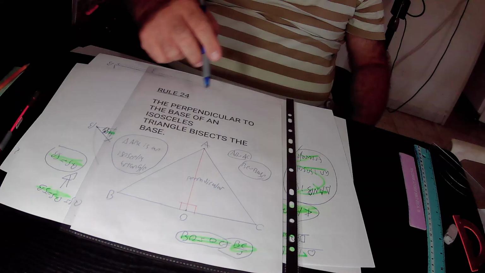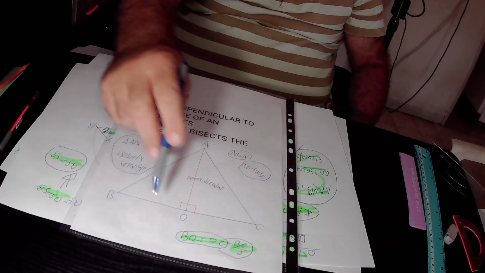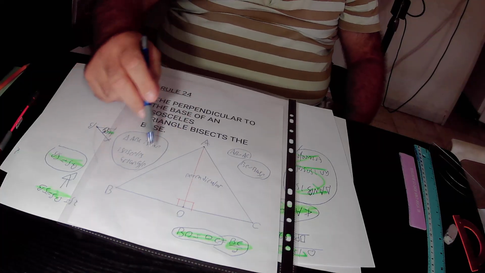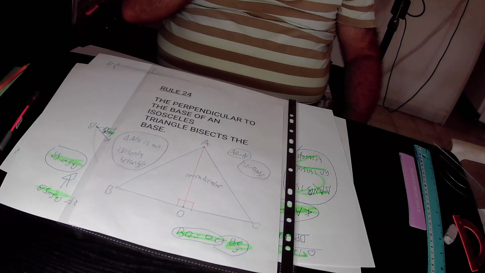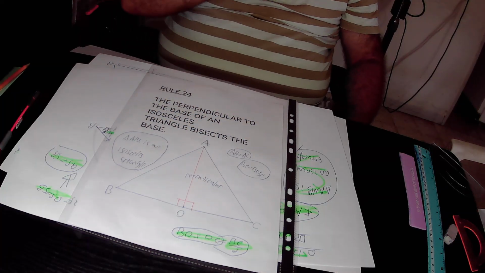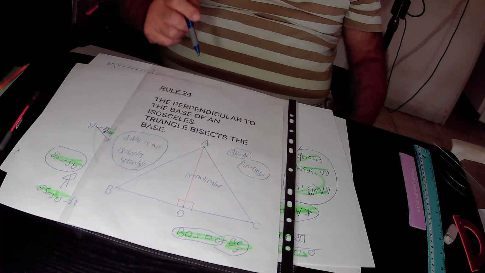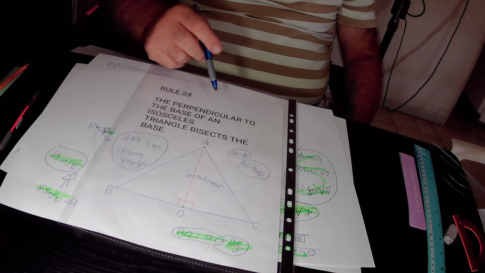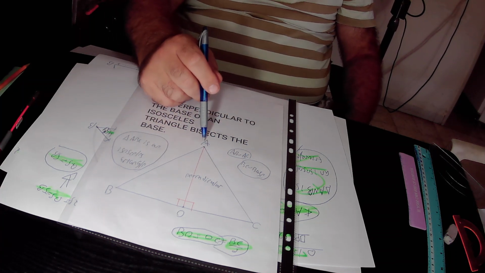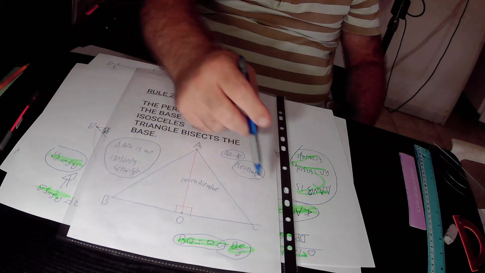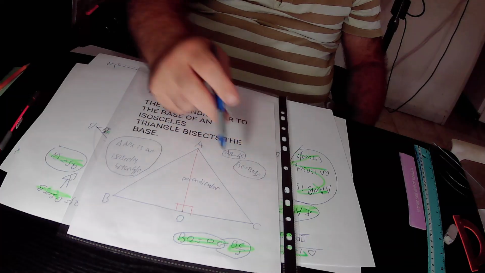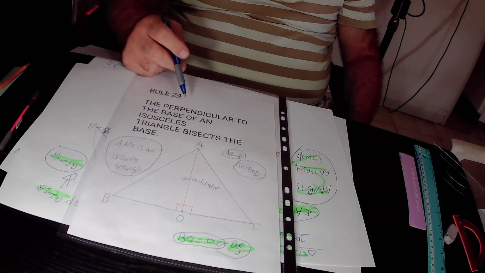In the drawing, we have the isosceles triangle, triangle ABC. Triangle ABC is an isosceles triangle because side AB equals side AC. The base of the isosceles triangle ABC is BC. According to rule 24, the perpendicular from point A to the base BC, that is to say the perpendicular AO, bisects base BC.